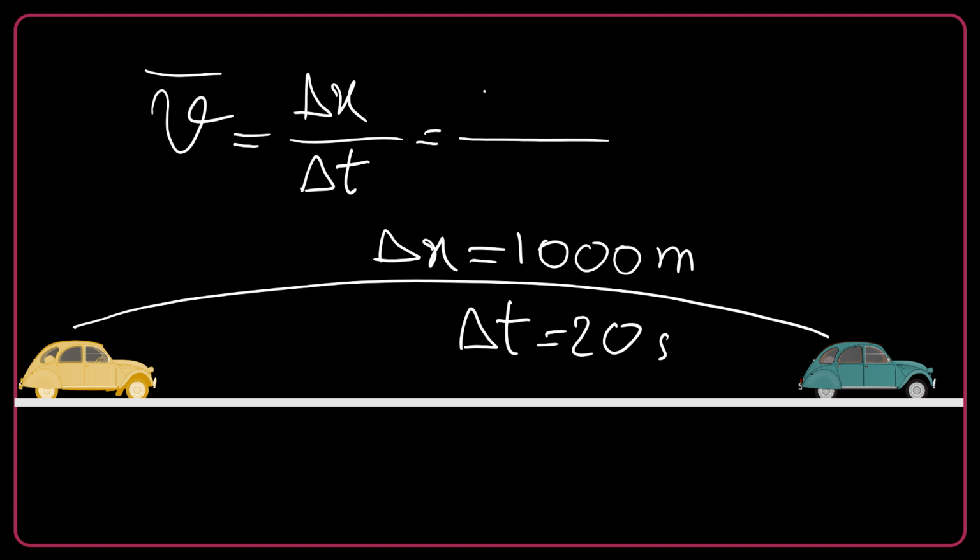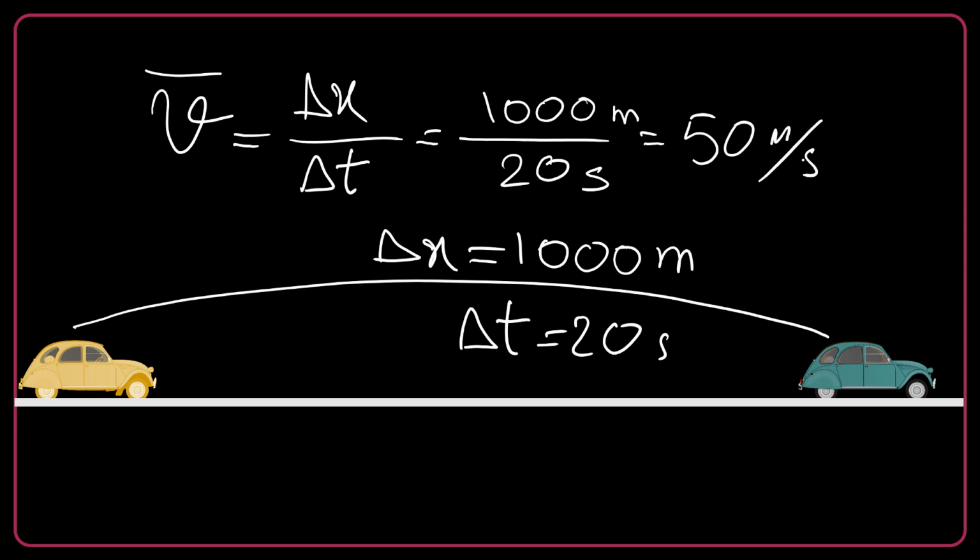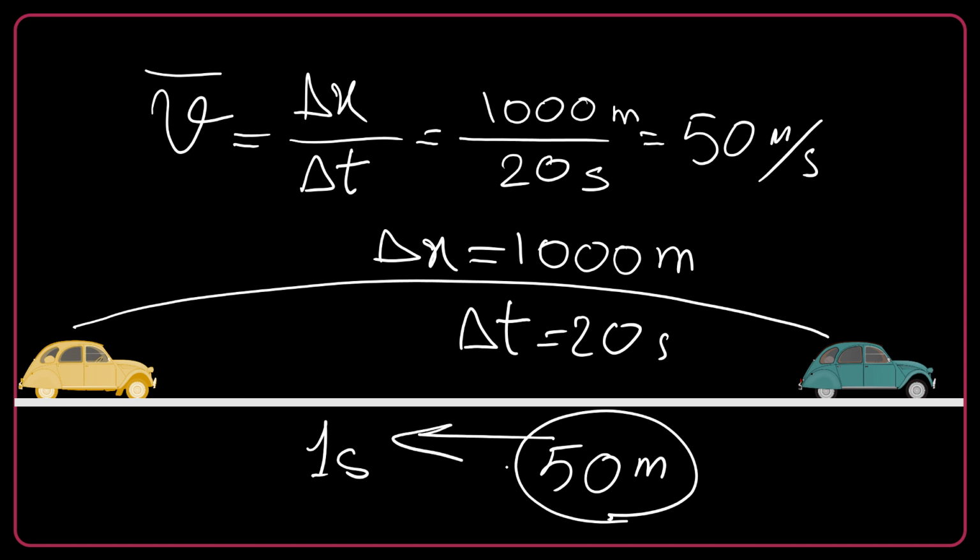If I plug in the values, I will have 1000 meters over 20 seconds, which is going to be 50 meters per second. Means that in 1 second, the car will have a displacement of 50 meters in average. In average, 50 meters in each second.